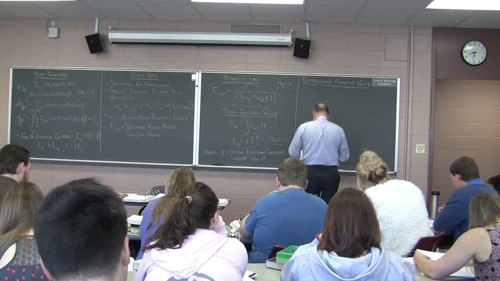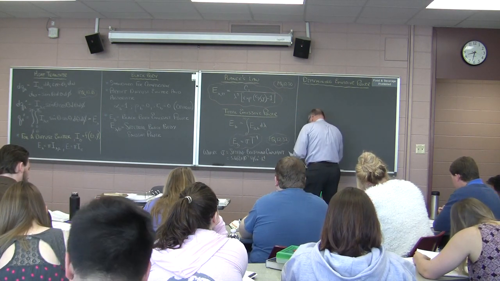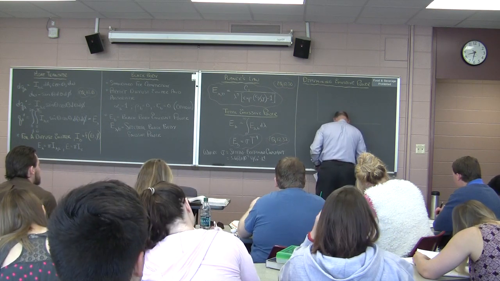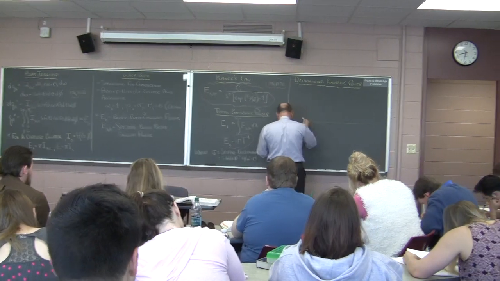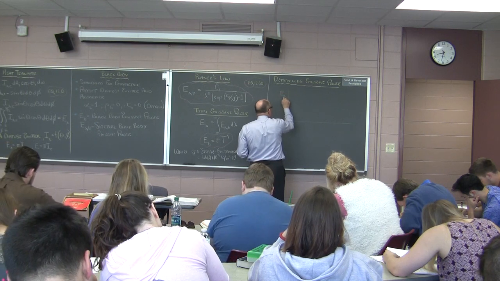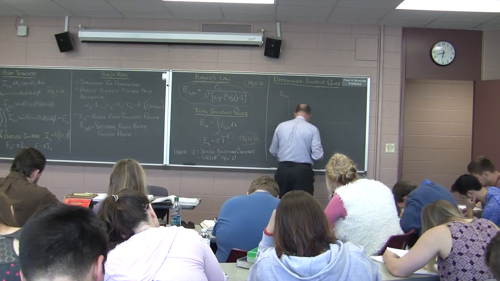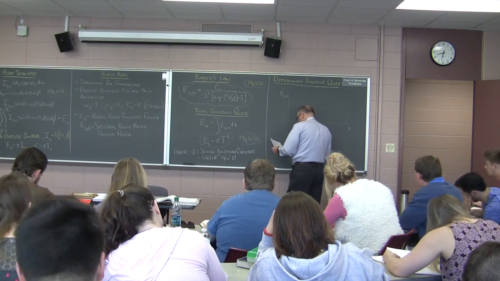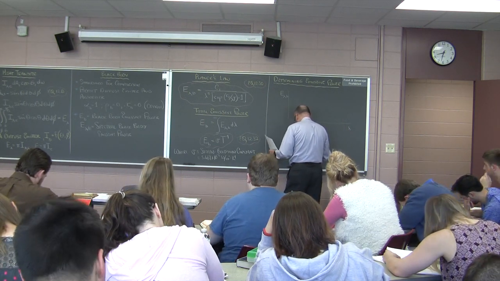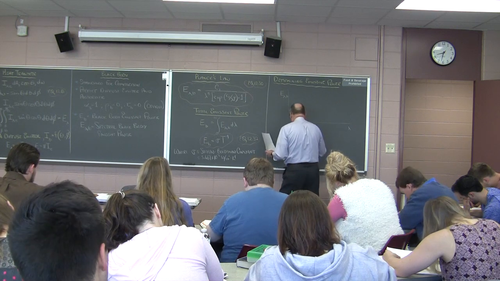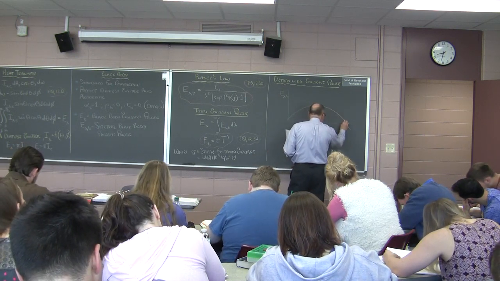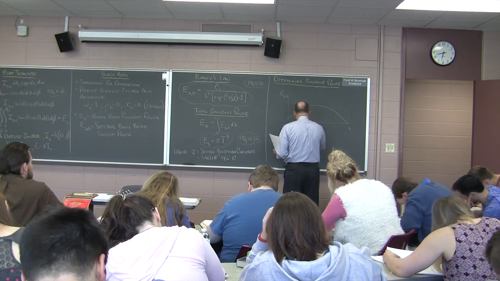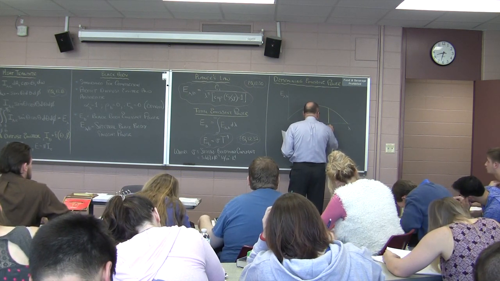So let's just take an example here. Let's say we had a graph, like so, and here we had the spectral black body emissive power, and this is lambda, and we had a curve that looks something like this. I'll put this as lambda 1, and this is lambda 2.